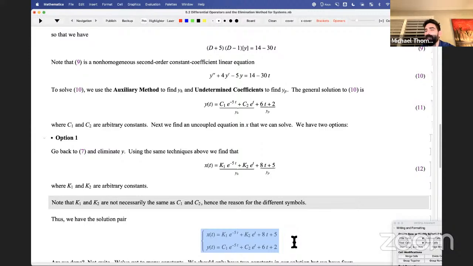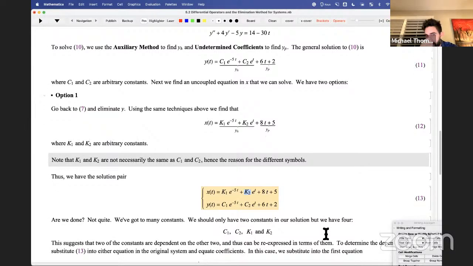You've got 4, but how many should we have? 2. We should only have 2. So that means a couple of these constants are dependent on the other 2 constants. In other words, we should be able to express, let's say, K1 in terms of C1 and C2, and K2 in terms of C1 and C2. That way we've reduced it down to just 2 constants, which is what you need if it's an initial value problem. Okay, so we have some more work ahead of us.